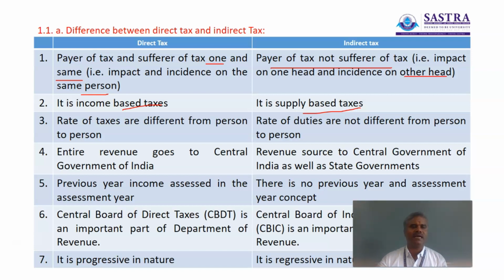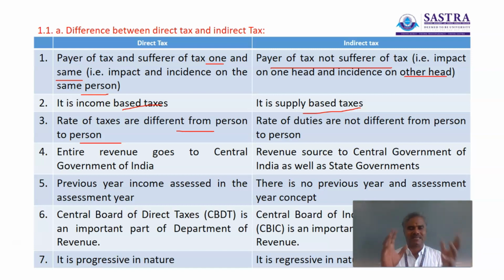Okay. Rates of tax are different from person to person in direct tax. One rate is for an individual, another rate is for a company. Take for example, for an individual we follow slab rate, and for a company, flat rate.